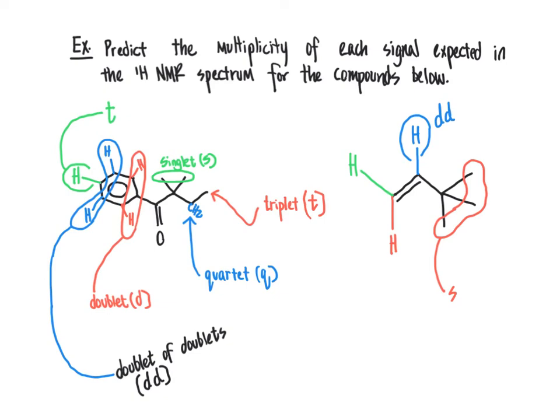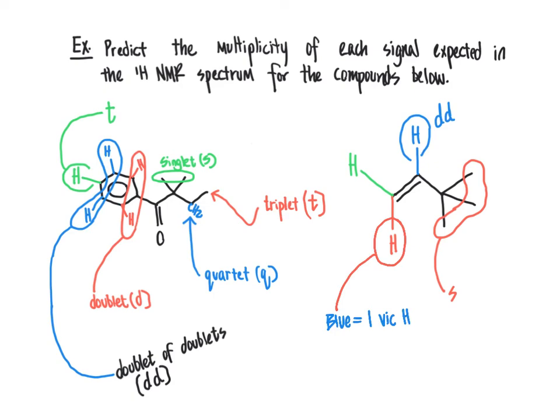Now we do the red proton. At this red proton, we can look at the number of vicinal hydrogens, which in blue, we see that there is one vicinal hydrogen. That is the only hydrogen that's vicinal to the one in red.